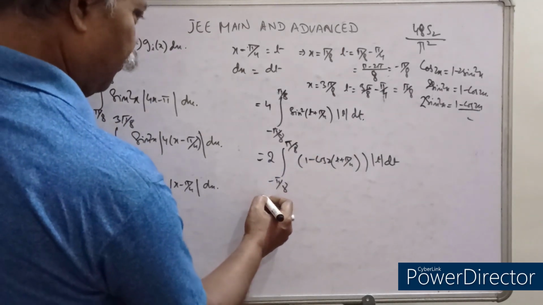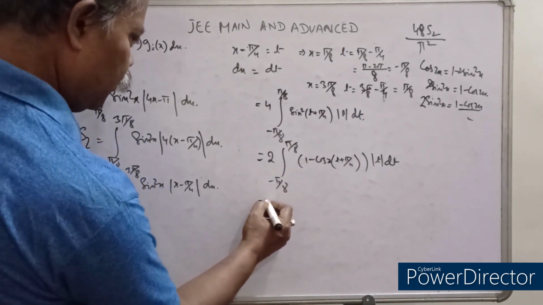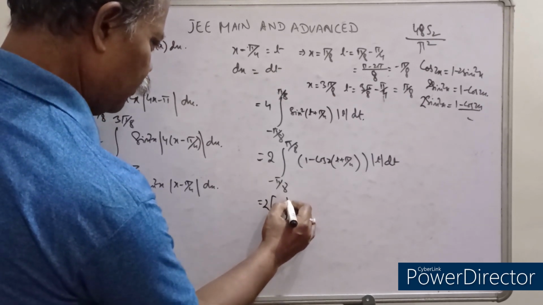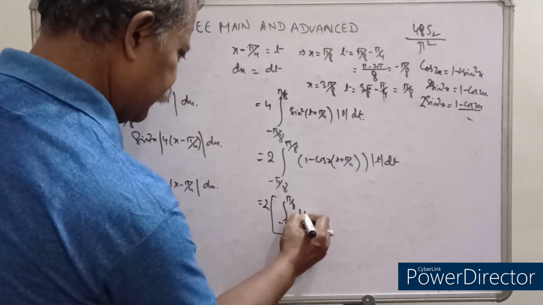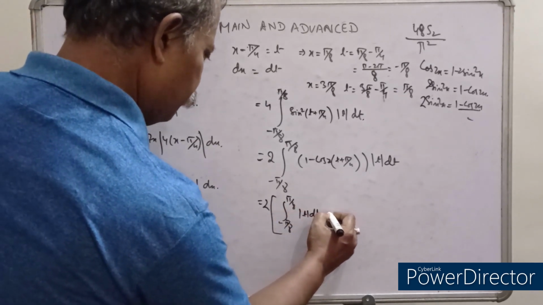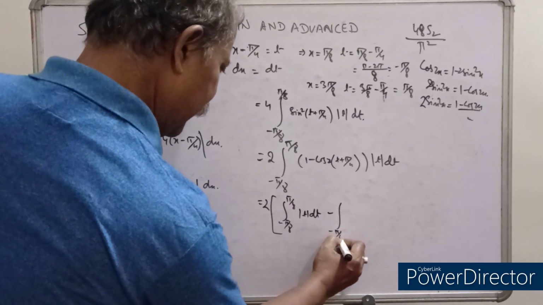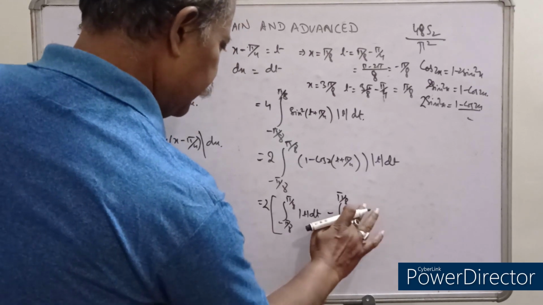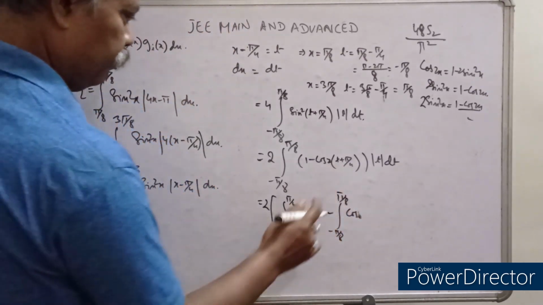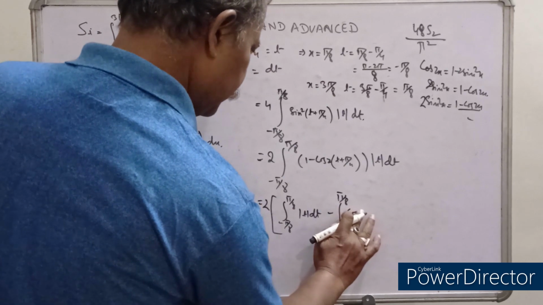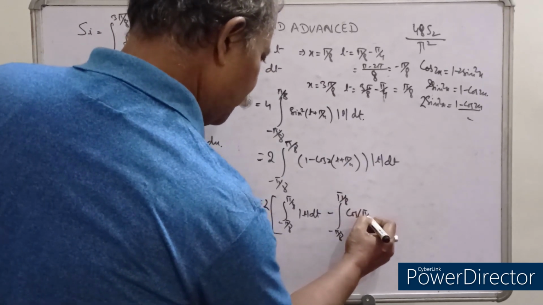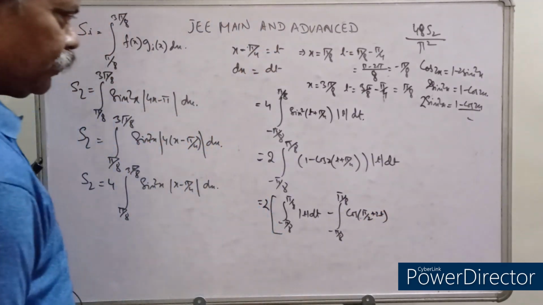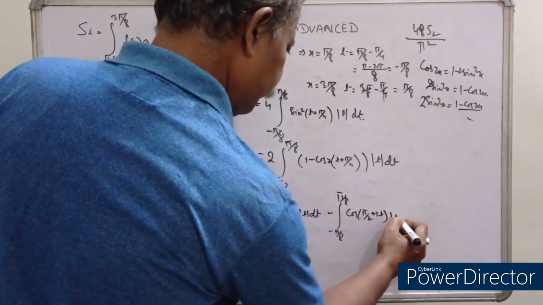So here what I am going to do is 2, this is bracket, minus pi by 8 to pi by 8 modulus t dt minus pi by 8 to pi by 8 cos 2, this will be cos of pi by 2 plus 2t, and modulus t dt.